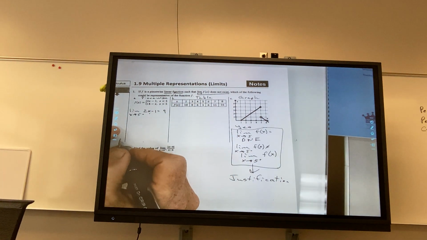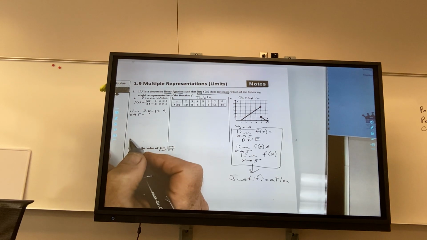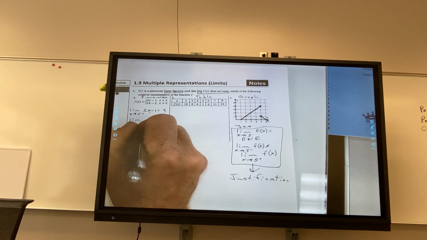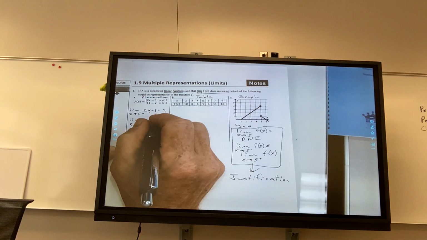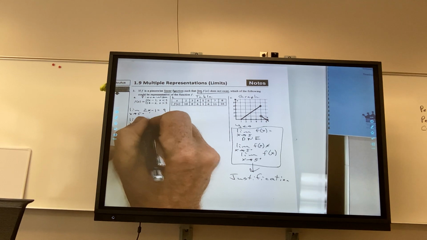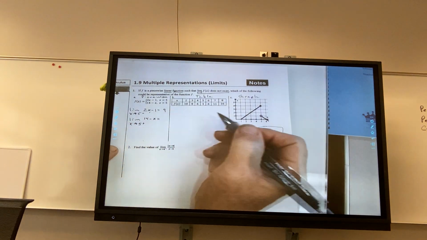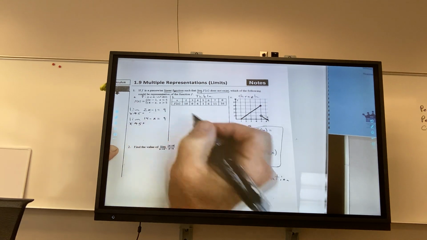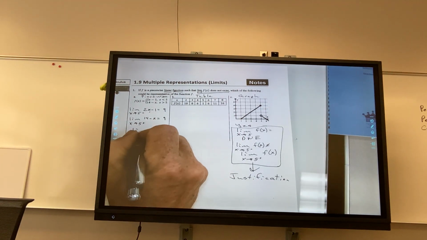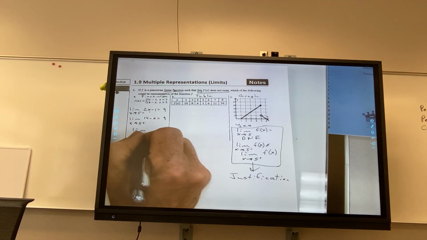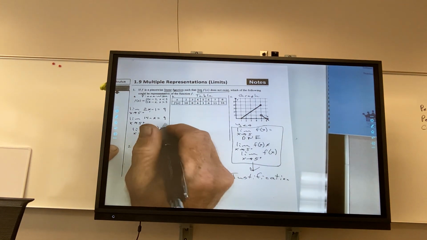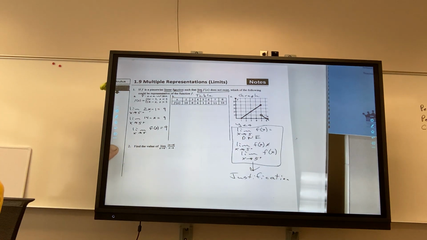Does that look correct? And then I'm going to take the limit as x approaches 5 from the right of 14 minus x, and I get 9. So I know the limit as x approaches 5 of f of x is 9, correct?